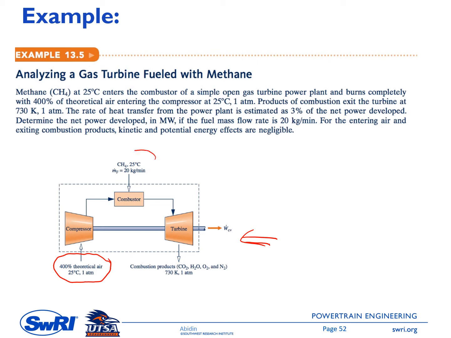And then this is the flow for the methane, at 25 degrees C, and the mass flow rate is 20 kilograms per minute. And this is the output work of the system through the turbine. And then at the exit, we have the combustion product here at 730 Kelvin and 1 atmosphere.